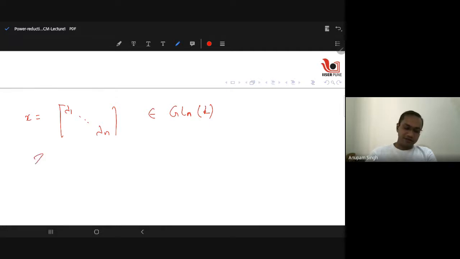Then if you look at the centralizer of this element x in GL_n, if you have ever computed this kind of thing, you will see that the centralizer depends on whether these lambda_i are repeating or not, right? So if the lambda_i are repeating, it will acquire a centralizer of that block size. So the smallest dimension centralizer will be achieved, which will be the diagonal matrices D_n, when all lambda_i are distinct.